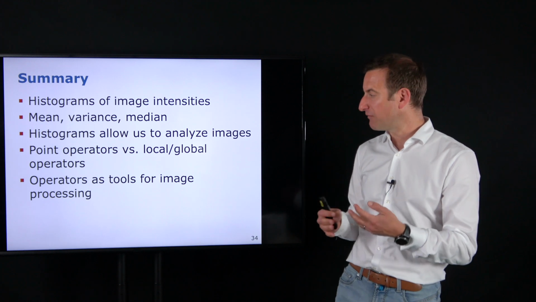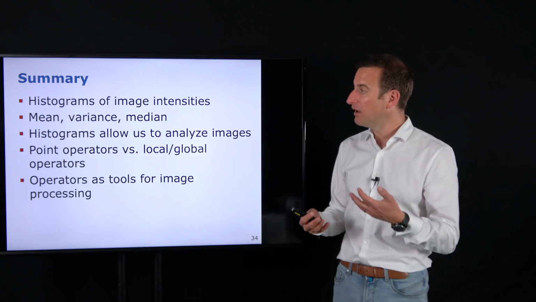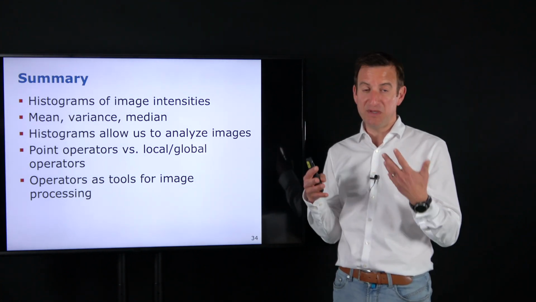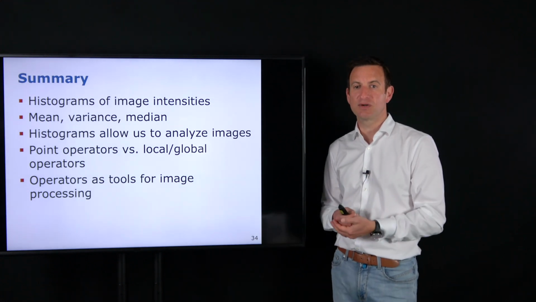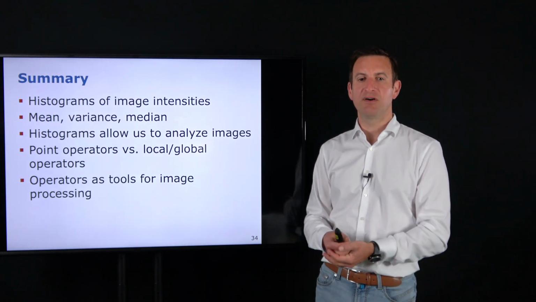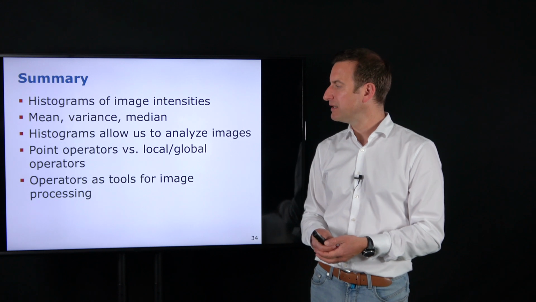And those operators are very frequently used tools for image processing in photography, whenever it comes to analyzing images, especially if we as humans need to inspect those images, or we use those transformations in order to change the content of the image.